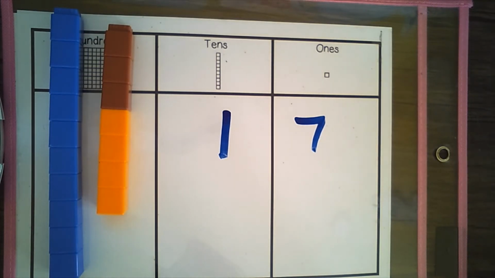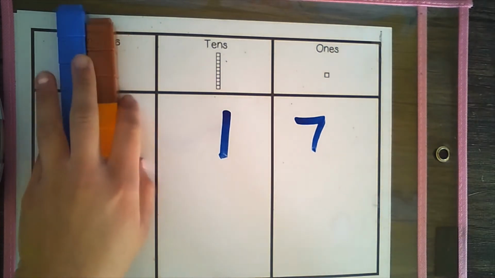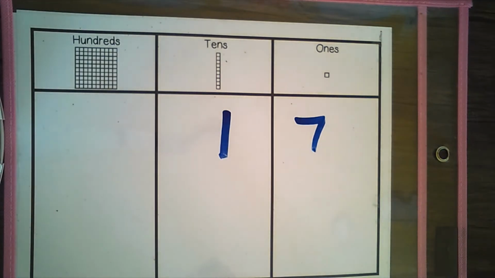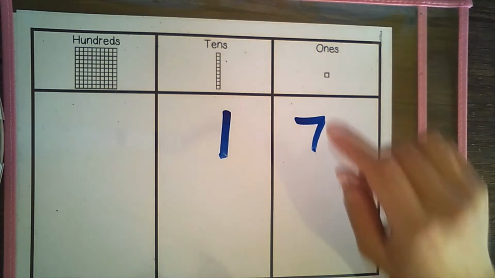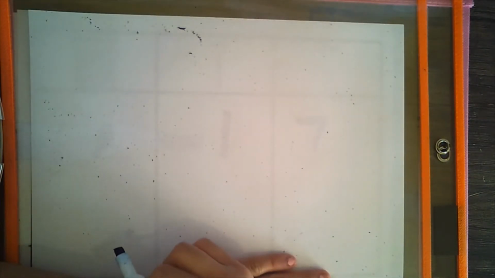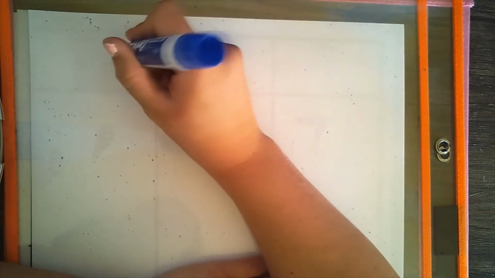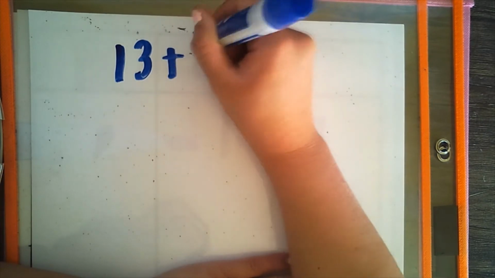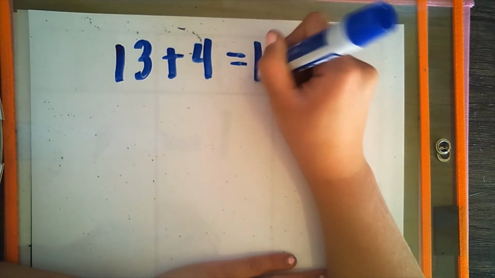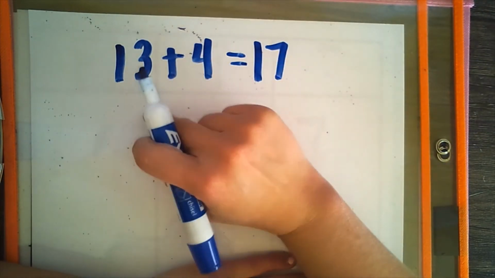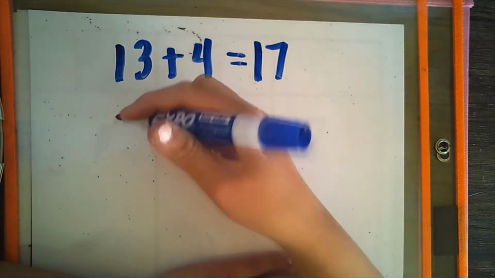What are some different addition sentences that we could use to put together 13 cubes and 4 cubes? Go ahead and pause, talk to a friend or family member. Alrighty, let's go ahead and do it together. We can use 13 plus 4 equals 17. That looks a lot like our count on strategy.